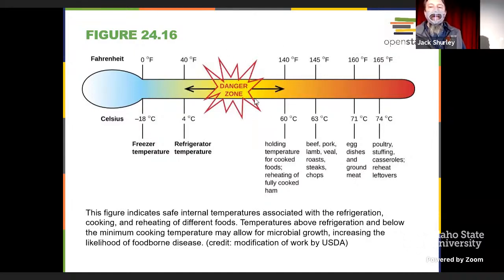In this area is where we have concerns. So between refrigeration and the temperature that you really should be holding things at, a hot temperature, maybe is a little better to say than just warm. All right.